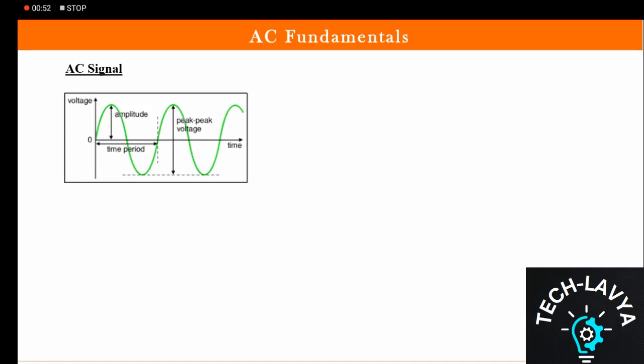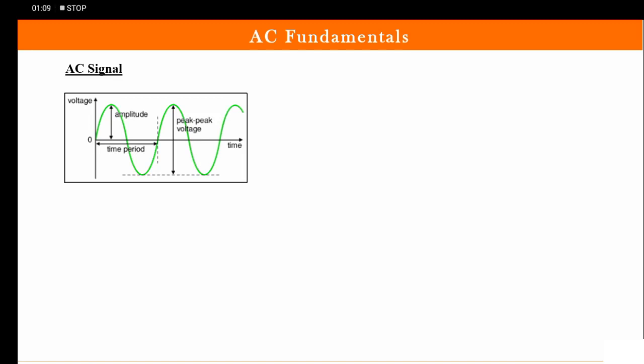So this is how AC signal is represented, and various terminologies are also given here. Like amplitude, generally amplitude is taken on the y-axis, time is taken on the x-axis, right? So whatever is the maximum value of that AC signal, that is the maximum amplitude. Okay.